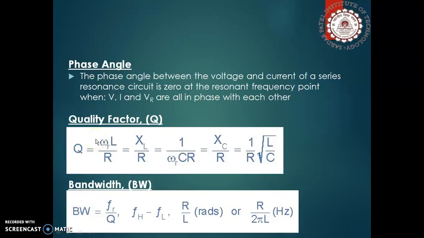The quality factor of the selectivity is given by omega R L by R, or XL by R, or XC by R, and it comes out to be 1 upon R times root of L by C. And the bandwidth is given by FR upon Q, that is the resonant frequency upon the quality factor, and it is between FH and FL, and the value comes out to be R upon L radians, or R upon 2 pi L hertz.